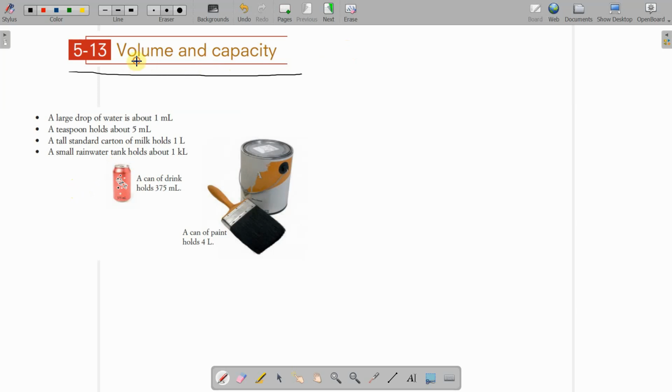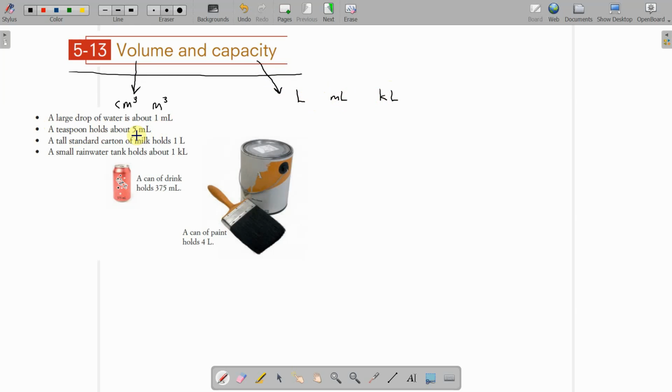Just remember, volume deals with things like centimetres cubed and metres cubed, while capacity deals with litres, millilitres and kilolitres, things like that. A large drop of water is about 1 millilitre.